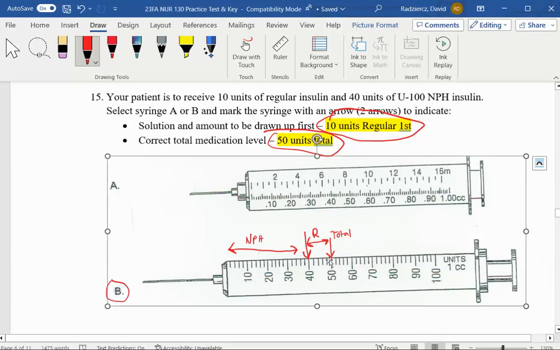Then from the total mark, I'm going to deduct whatever my regular insulin is. The 10 units regular insulin is why I'm making a mark at 40 as opposed to a mark at the 10.